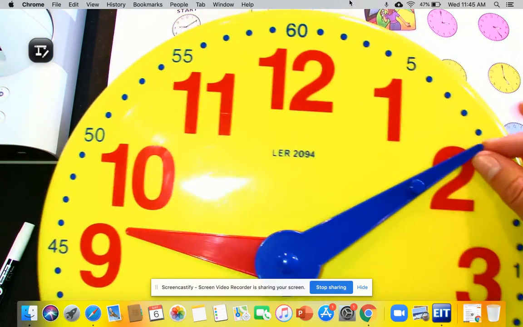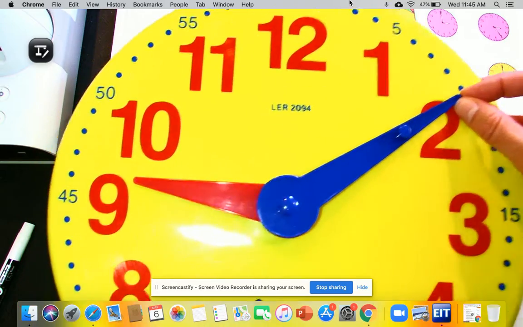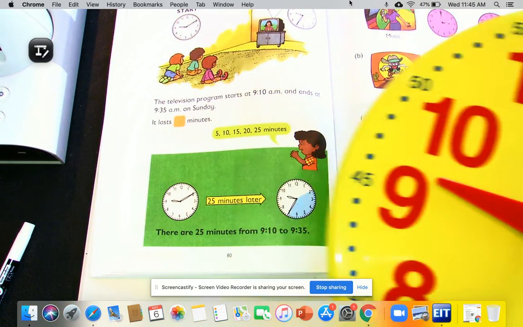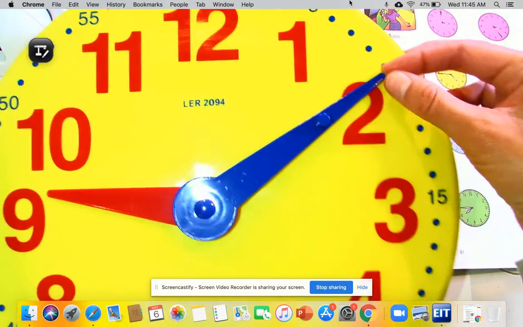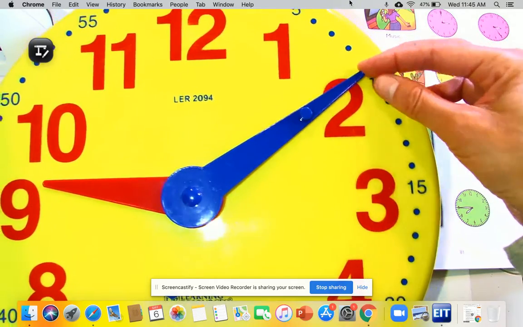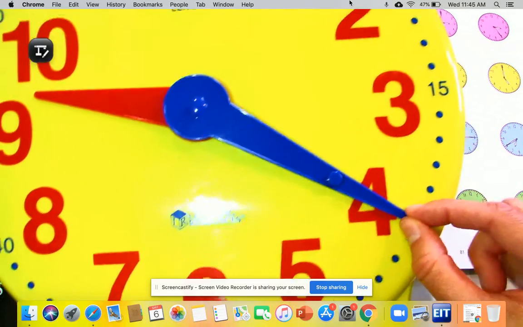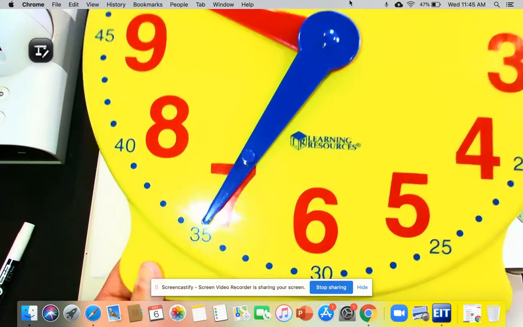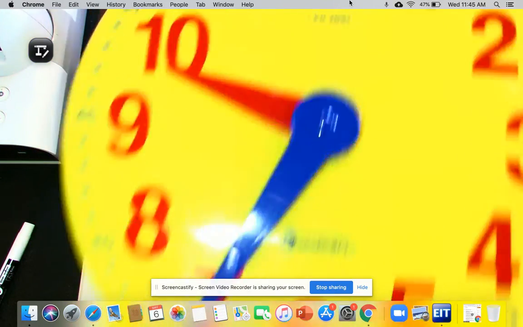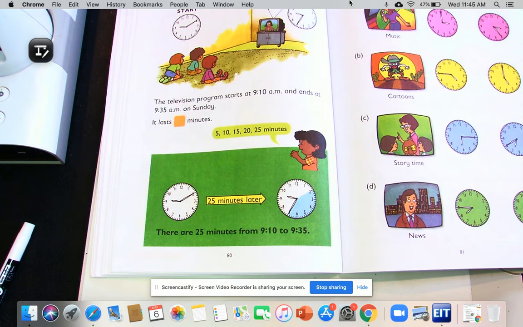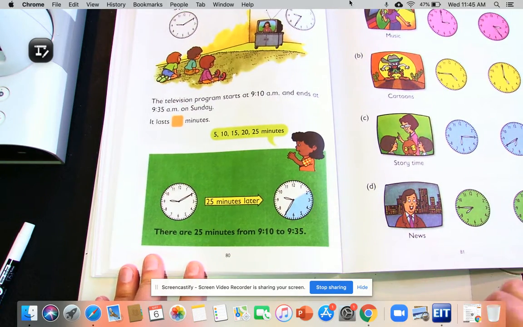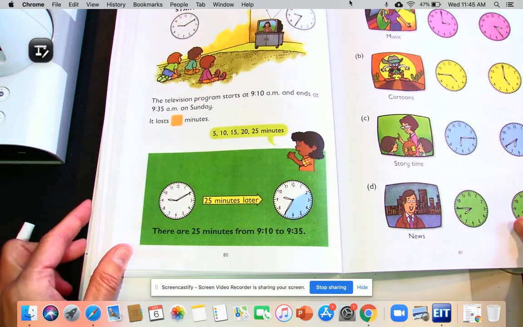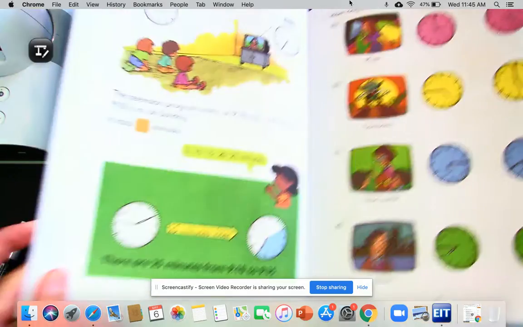Let me go back. I feel like I made a little mistake there. Let's try that again. I start at 9:10. Yes. And I'm going to go till 9:35. So here's 9:10. 5, 10, 15, 20, 25. And that's where it stops. And so 25 minutes have gone by. 25 minutes has elapsed. So the TV show was 25 minutes long.